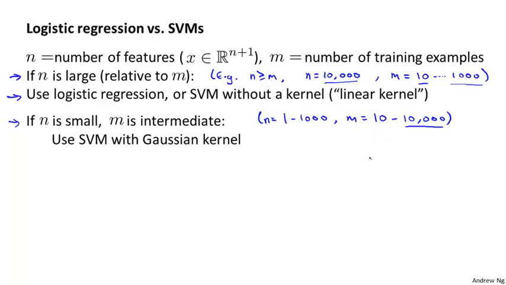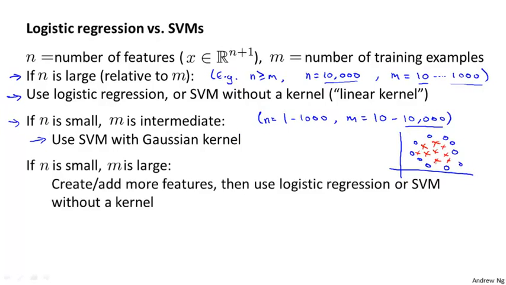So if m is intermediate size, then often an SVM with a Gaussian kernel will work well. We talked about this earlier as well, but one concrete example of this would be if you have a two-dimensional training set. So if n is equal to 2, but you have a pretty large number of training examples, then a Gaussian kernel would do a pretty good job separating positive and negative classes.